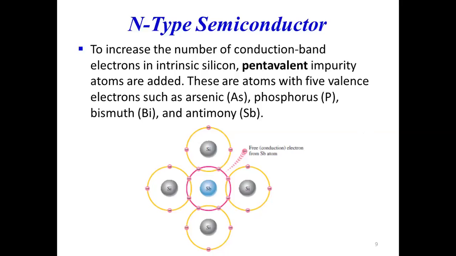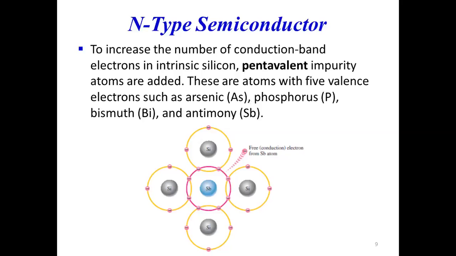What are the other examples? Arsenic, phosphorus, bismuth, and antimony. All these are different examples of N-type or pentavalent impurity. If you add these materials to the intrinsic semiconductor, then you will get an extrinsic semiconductor, and that process is known as the doping process.